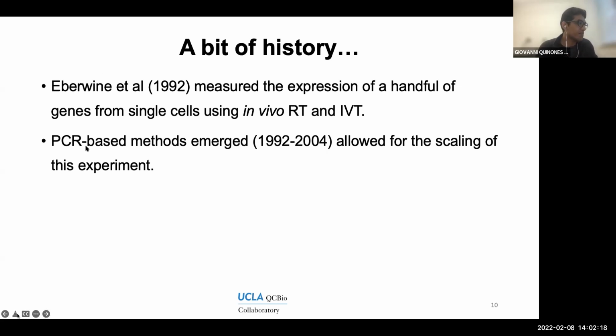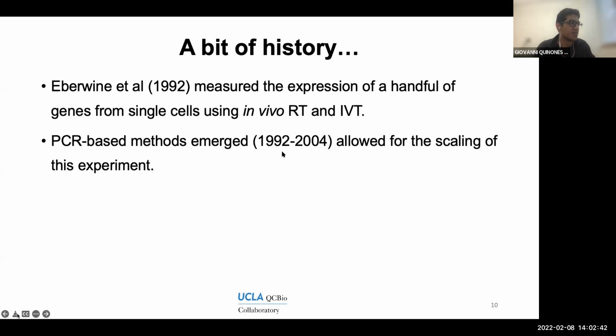And these PCR-based methods actually were able to increase the throughput of these experiments. By the use of primers, you were able to target a lot more genes, thus increasing the capacity of these earlier experiments.